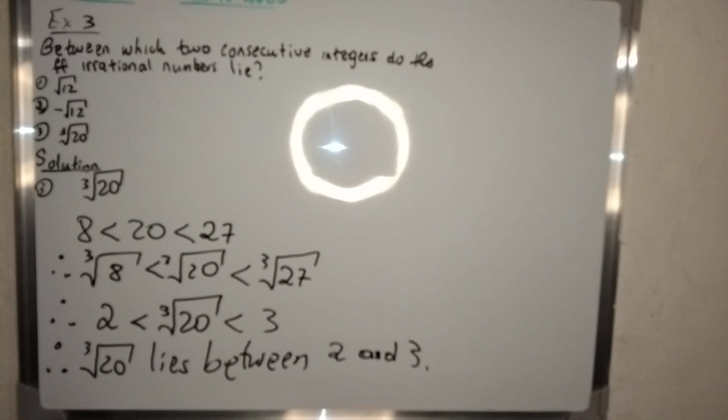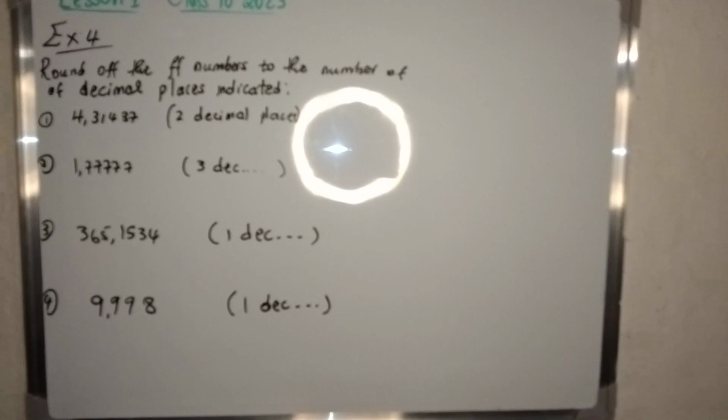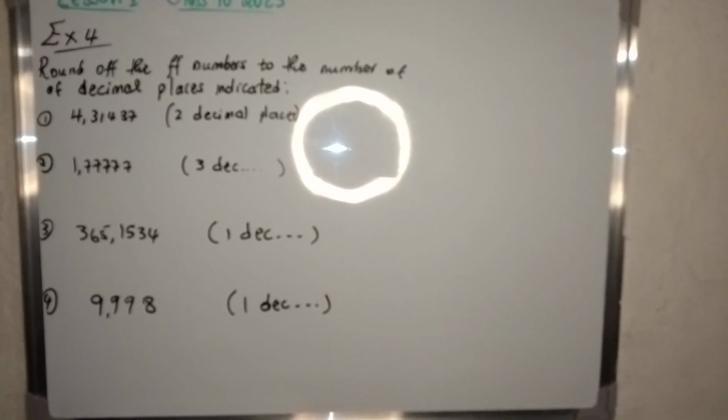For example 3, now we move on to example 4, which is the last one. Now let's look at example 4 of lesson 1. In fact, this is a bonus one because I wanted to cover everything under irrationals, integers, natural numbers, and so on.